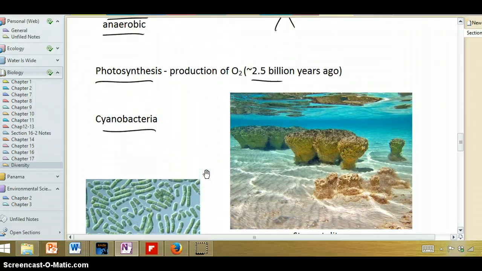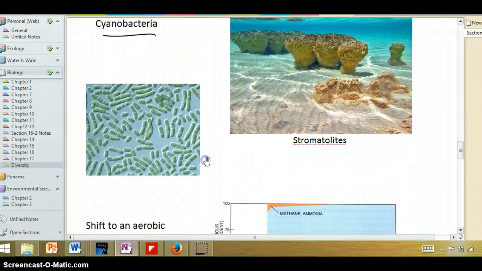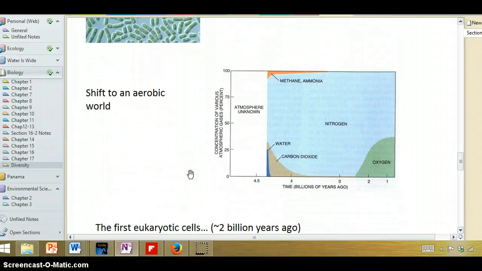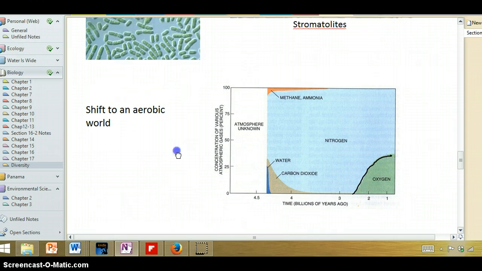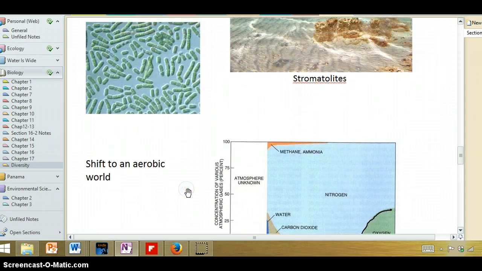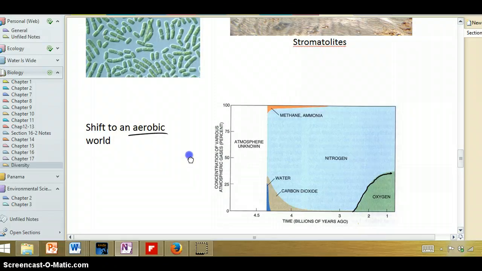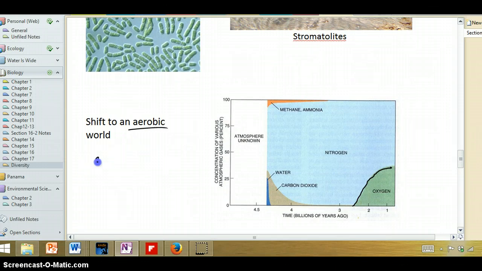So these cyanobacteria started to pump out all sorts of oxygen, and that's when the oxygen levels in the atmosphere started to increase dramatically. And so now we've got all this oxygen, and we have a shift towards an aerobic world. Bacteria developed the ability to do cellular respiration, to be able to make use of oxygen to more efficiently process their food compared to anaerobic organisms.